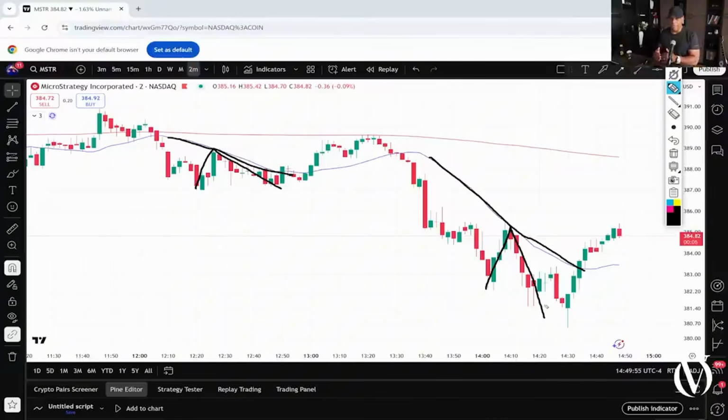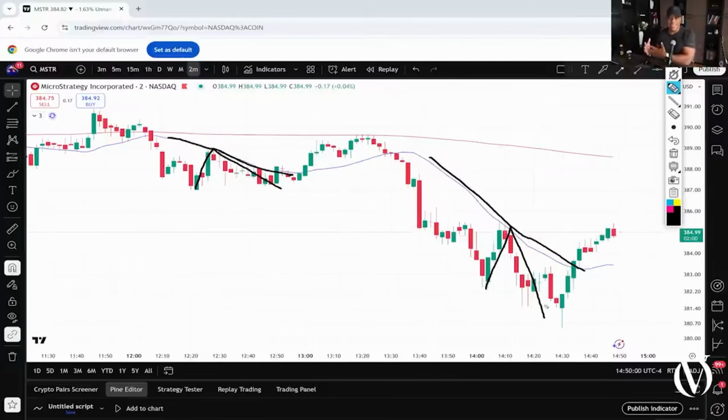So the 20 becomes more powerful in a trending state because it's an indicator that averages. Anything that averages becomes superior in a trending state. When it's not a trending state, it's horrible.